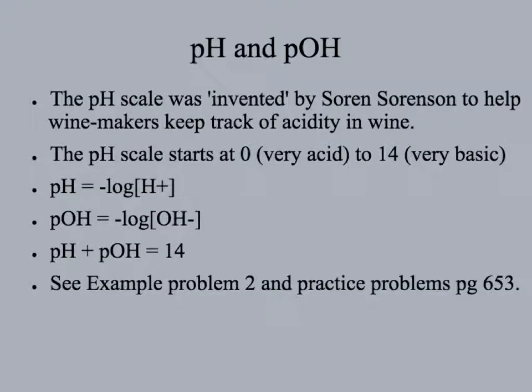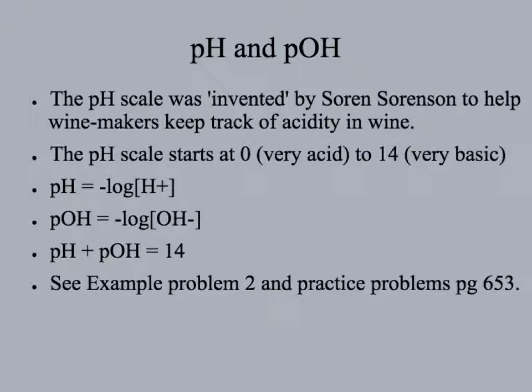So next we move on to pH and pOH. The pH scale was invented by Soren Sorensen, and he basically was trying to help out some winemakers. It was a lot easier way for them to understand how to deal with H plus concentrations, because they couldn't do the negative exponents of 10.